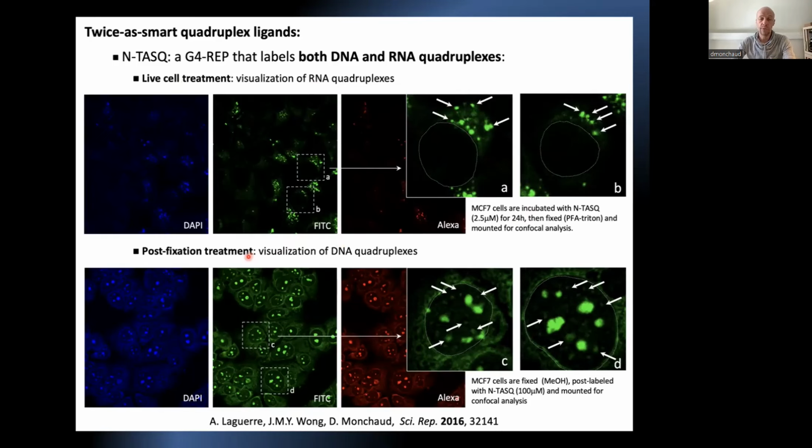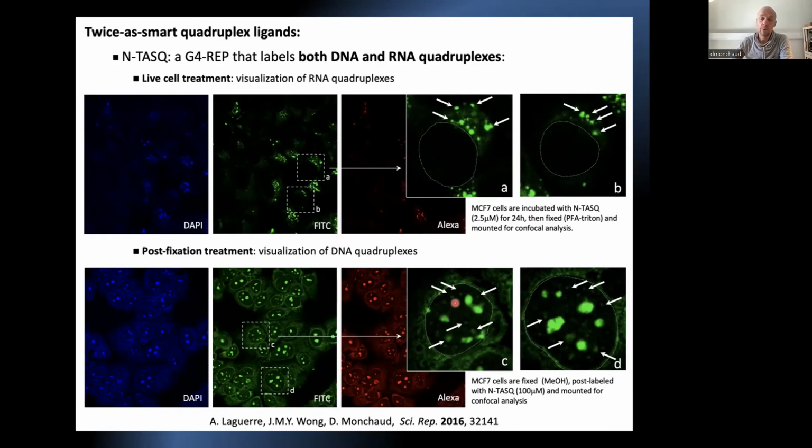And if we use this as a post-fixation agent, post-mortem, so we fix everything and just incubate the dead cells with NAFTA task, we can see the accumulation of foci within the nuclear compartment, which are bona fide ascribed to G4 DNA.